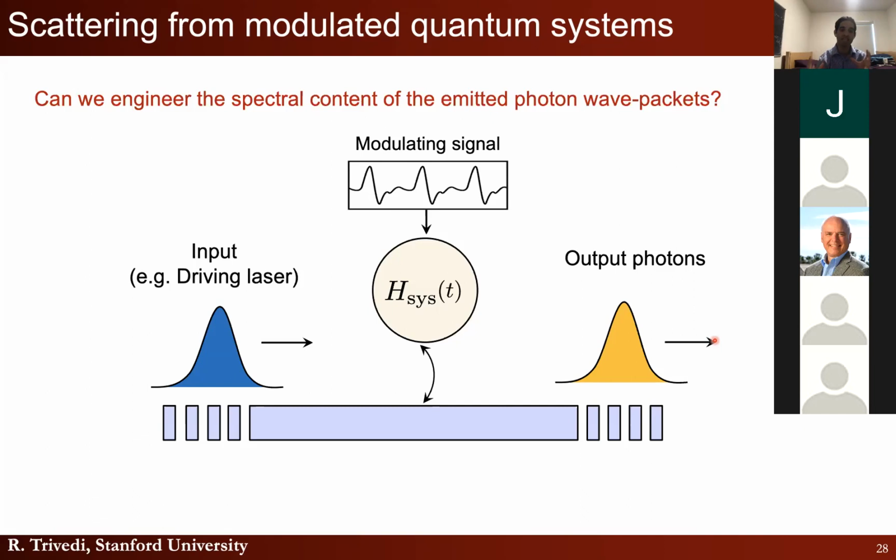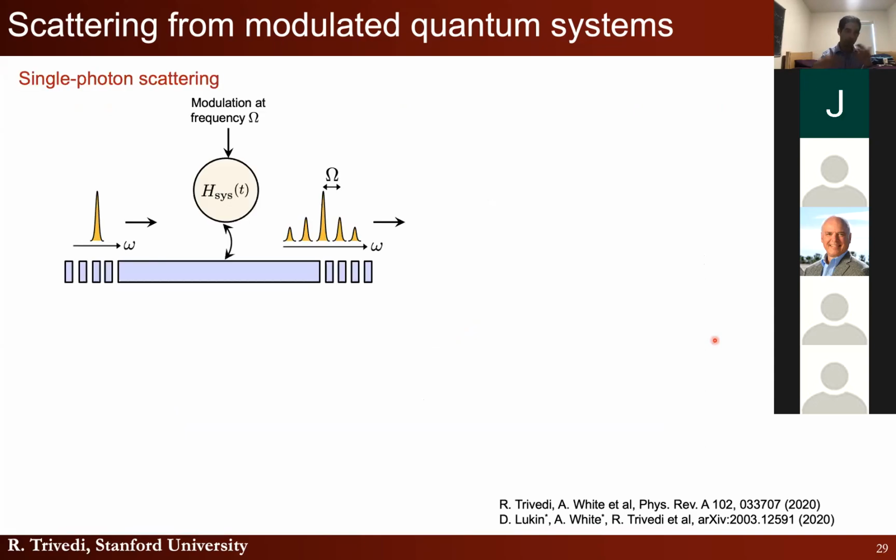So we were interested in studying these modulated quantum systems as well, and we thought about how single and two-photon scattering looks for these modulated quantum systems. If you think about single photon scattering, for instance, if you're applying a periodic modulation on these localized quantum systems, then a single photon at a particular frequency would in fact scatter into single photons with frequencies that are displaced by the modulation frequency.